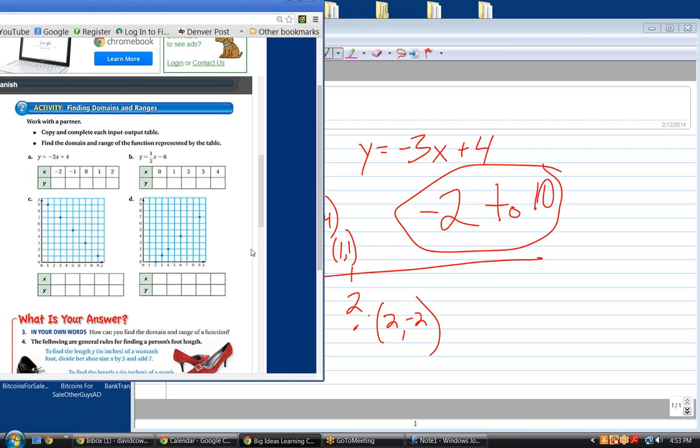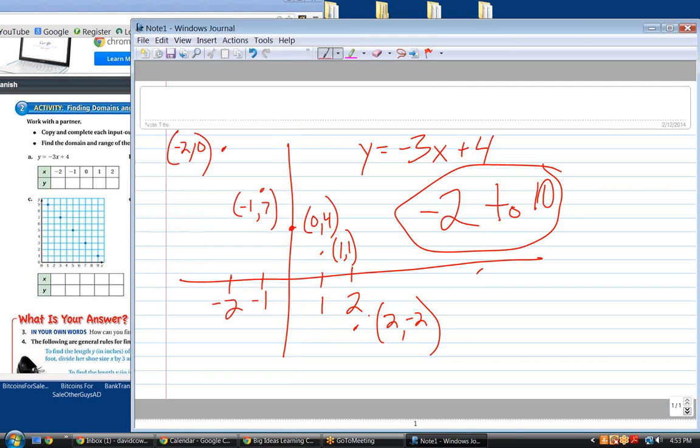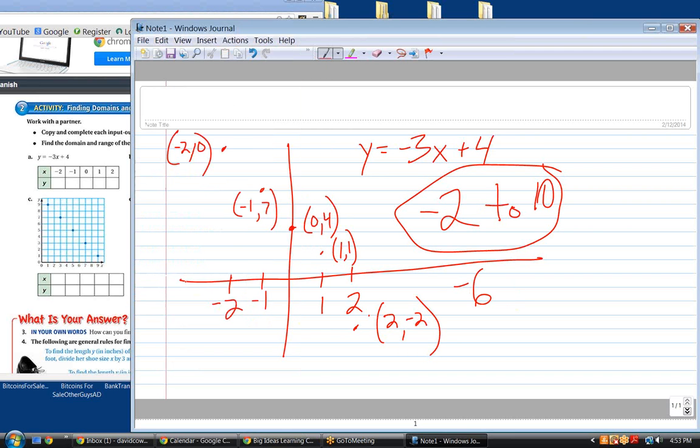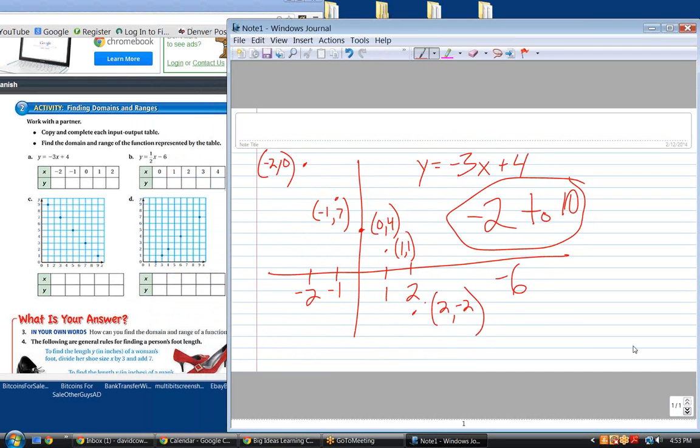Okay, so let's fill this table in. So when X is 0, what is Y? -6. Okay. When X is 1, what is Y? When X is 1, Y is -5.5. Negative 5.5. Okay. When X is 2, what is Y?